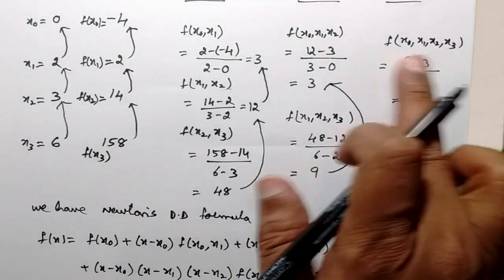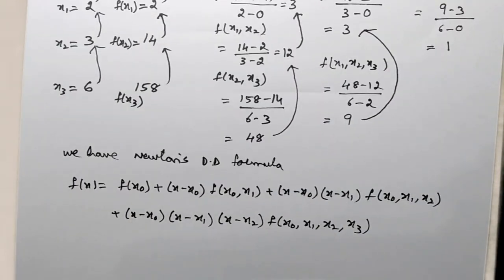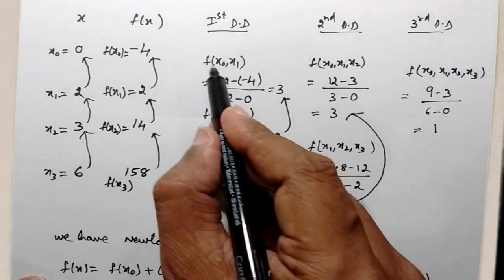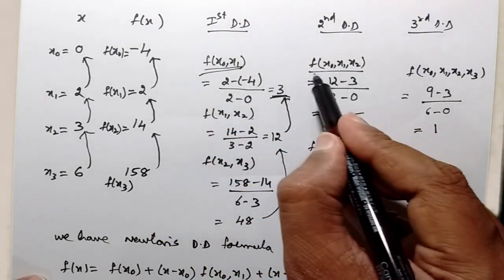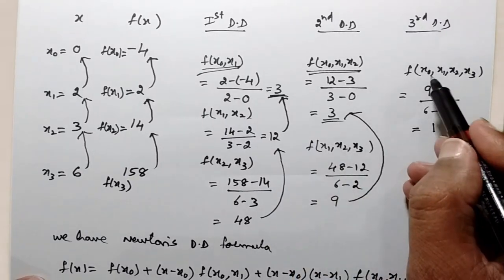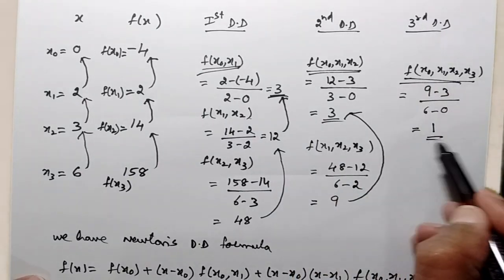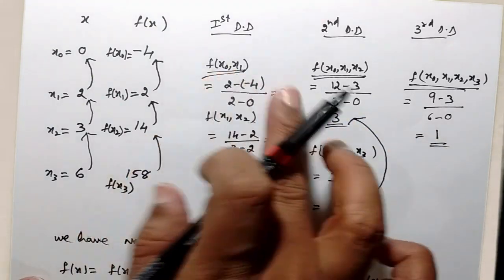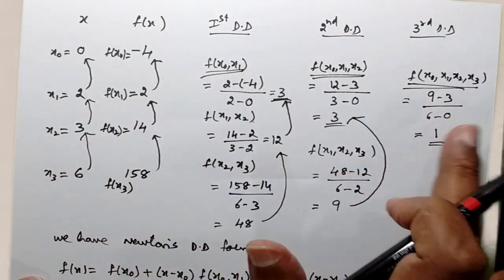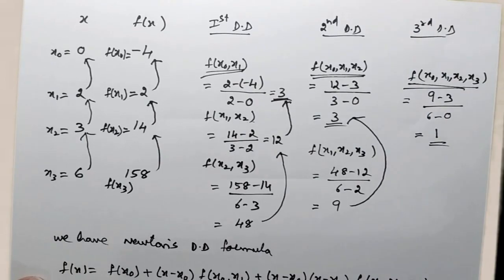So you got up to that value, and I'll be using only these values: f of x0, x1 which is 3, f of x0, x1, x2 which is again 3, then the third divided difference, in the divided difference formula. The first divided difference, second divided difference and third divided difference.